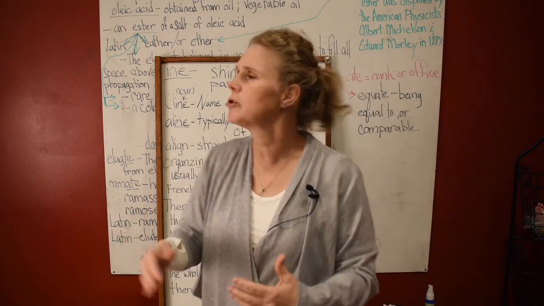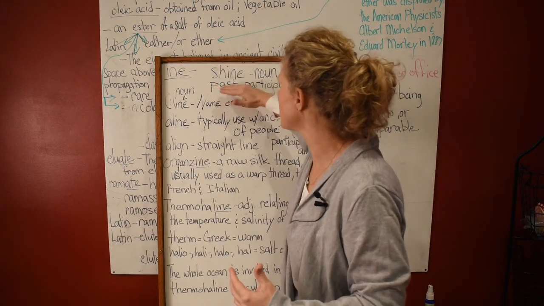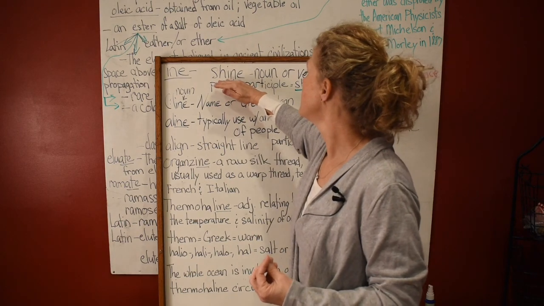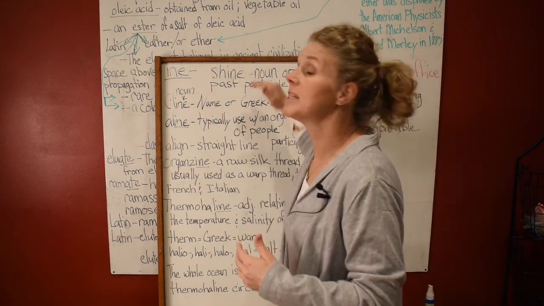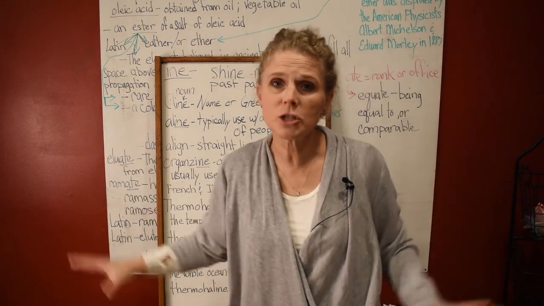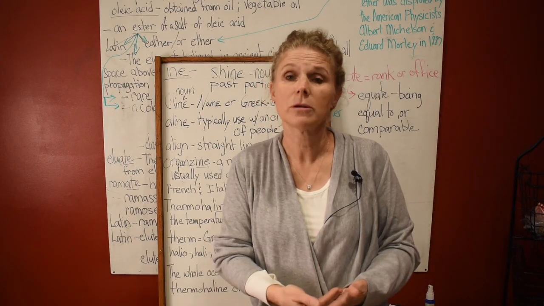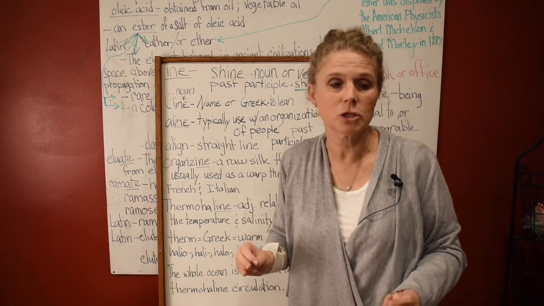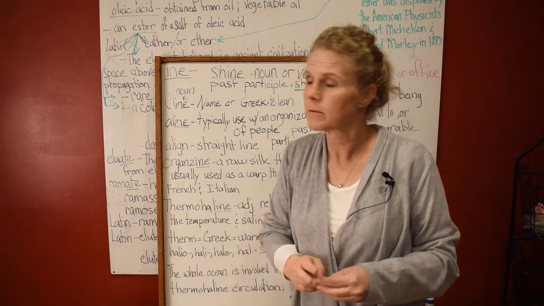You have to make sure you're putting that in the proper position if you want to use it as a subject. Now you can have shine sitting in many positions in your sentence as the noun, but you can't as the verb. The verb has to sit in the simple predicate position. Does that make sense, boys? Yes. Okay.